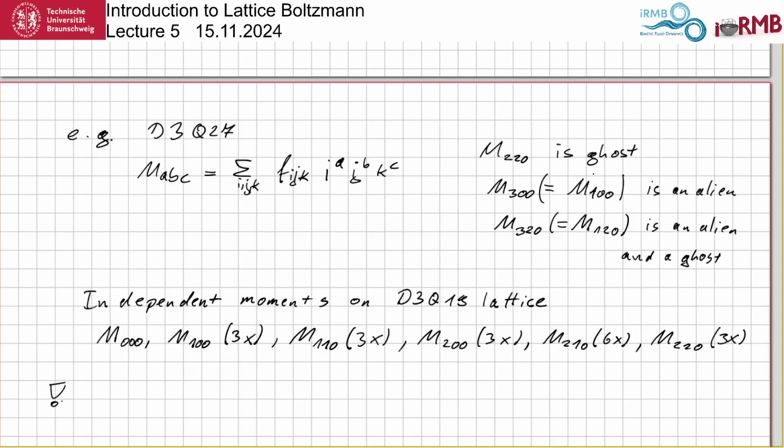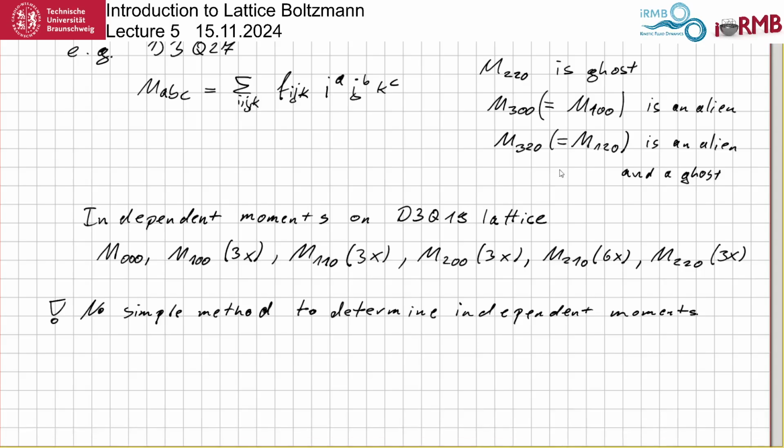A little bit the problem here is that there is no simple method to determine independent moments. I mean, no very simple methods, say. It's not terribly difficult either, yeah?